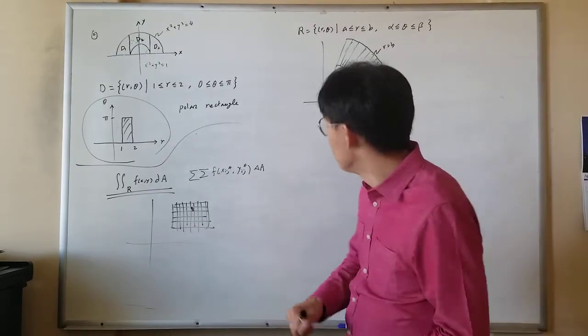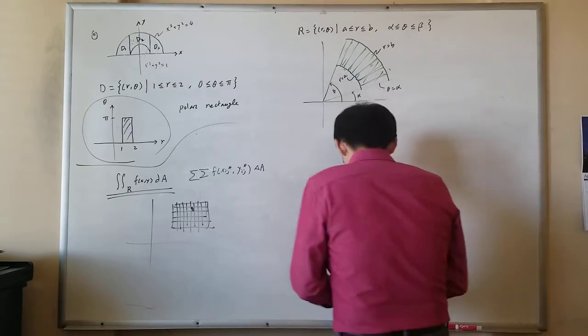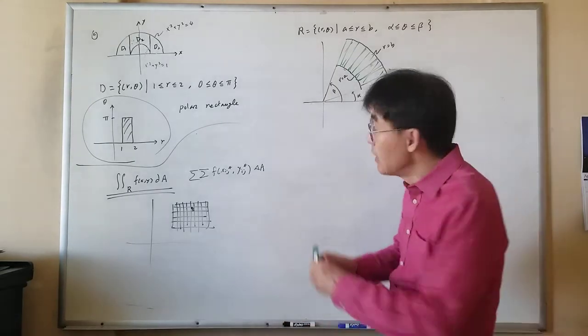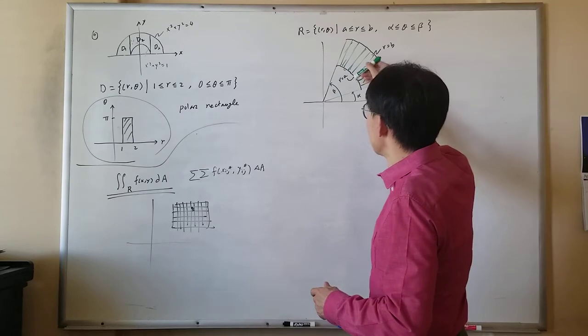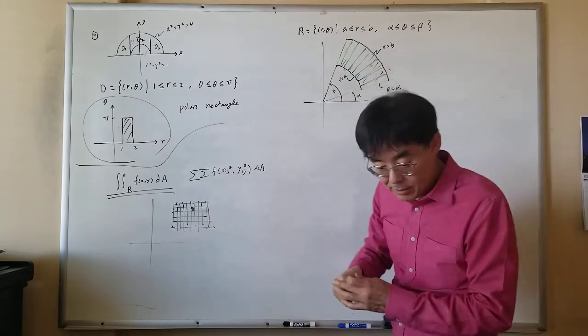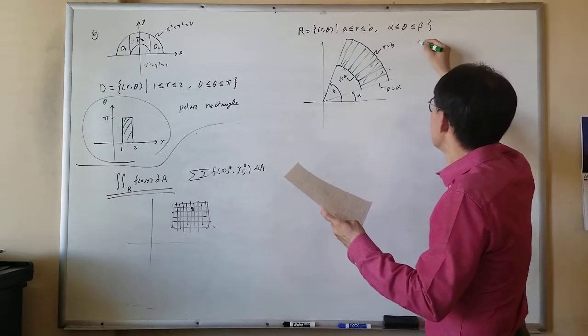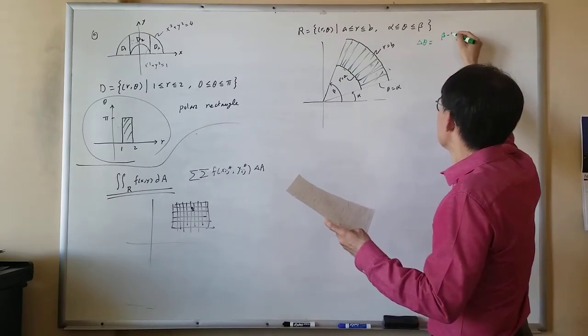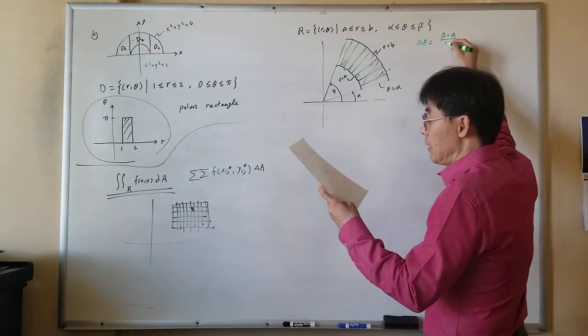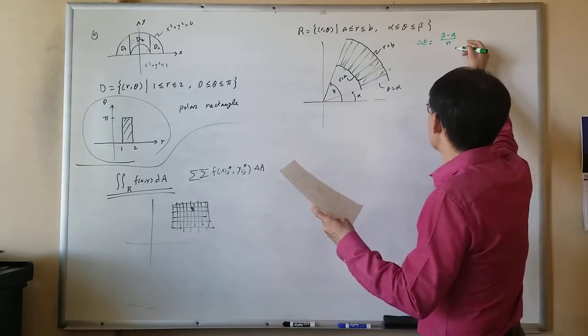We split the whole polar rectangle using a uniform partition of the angles. That is, delta theta equals beta minus alpha over n, right?